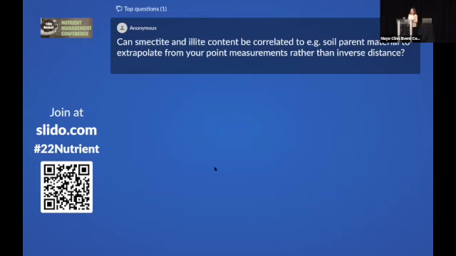When we create a map for people to reference, we're going to use a much more advanced method using soil parent material, the underlying geology, climate, anything that would be considered a soil forming factor, as covariates to help guide us. So it'll be a much more robust map, validated and cross-validated, so that we have a more accurate representation, given that we don't have samples to cover the entirety of the state. I hope that answers your question.